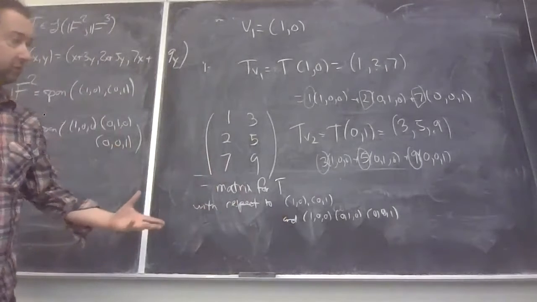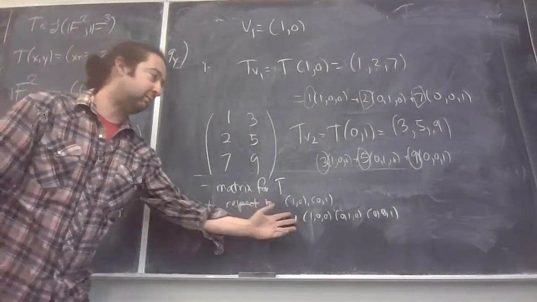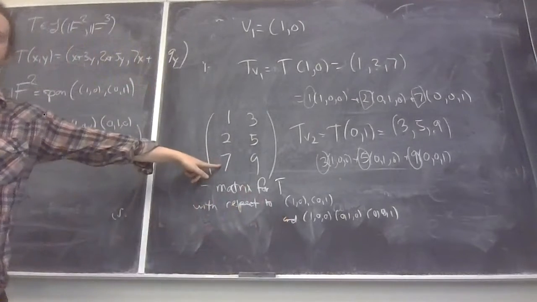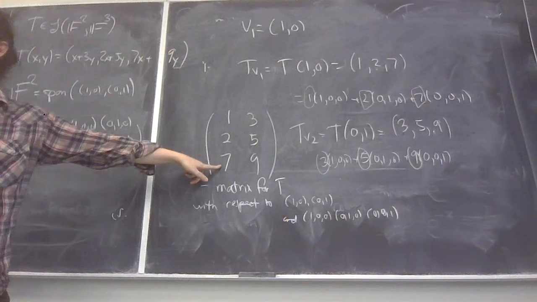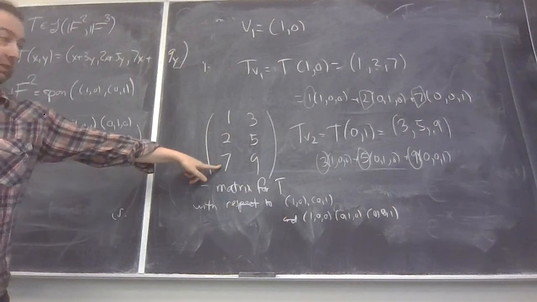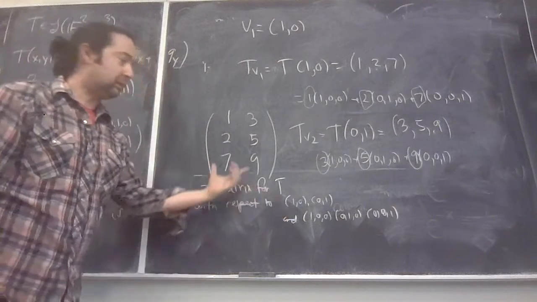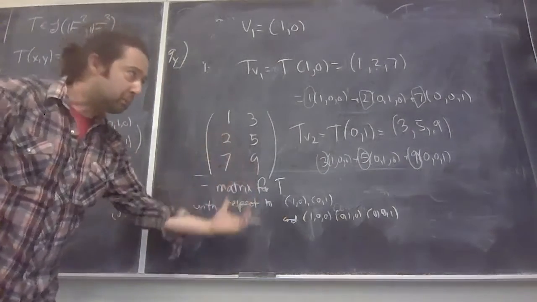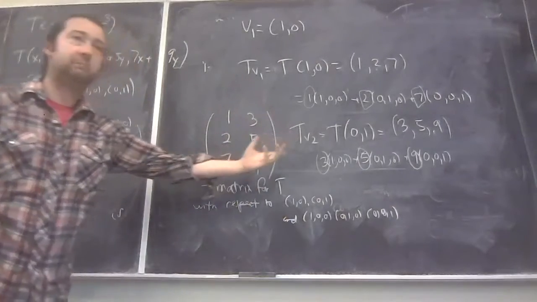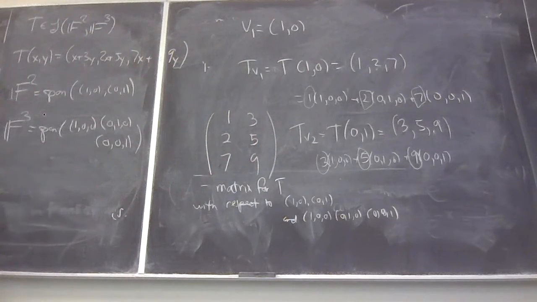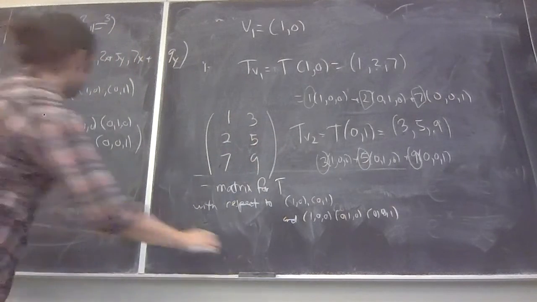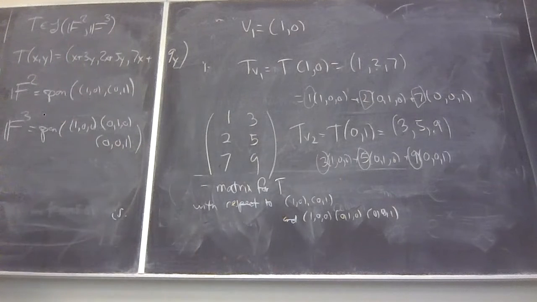Eventually we're going to show that even if you pick a different basis, there's a really easy way to change this matrix in response to that. The idea is T has a matrix that represents it, and we can compute it just by evaluating T on basis vectors. T has a matrix that represents it that we compute by evaluation on the basis. All right? This will come easier with practice, I promise.